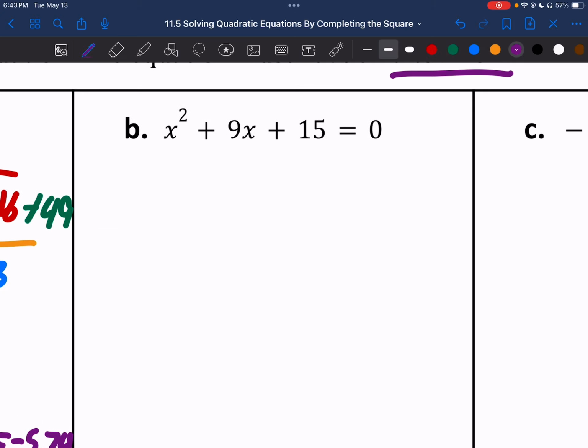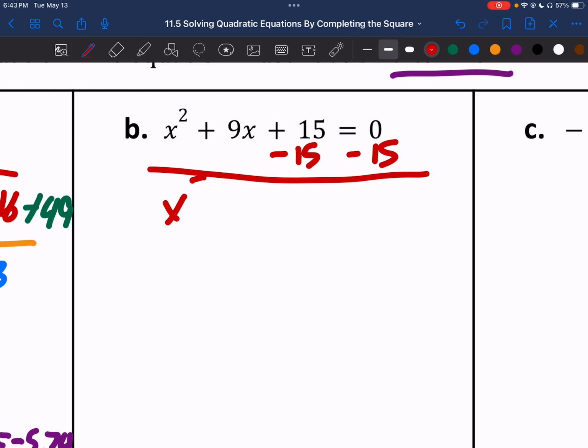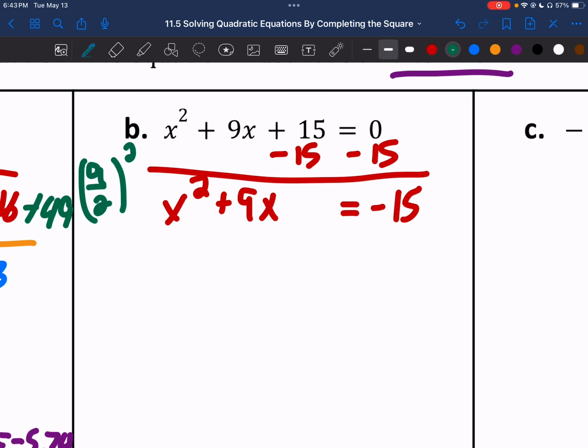Now, letter B, we are going to subtract 15 from both sides. And we get x squared plus 9x equals negative 15. We go through the whole process again. We've got 9 over 2 squared.